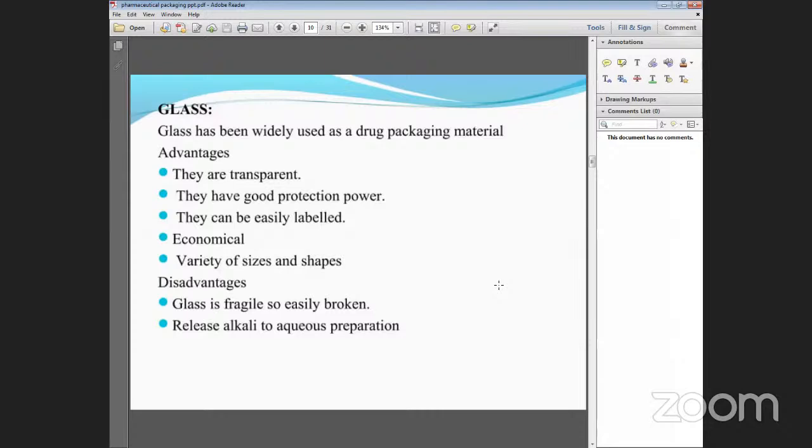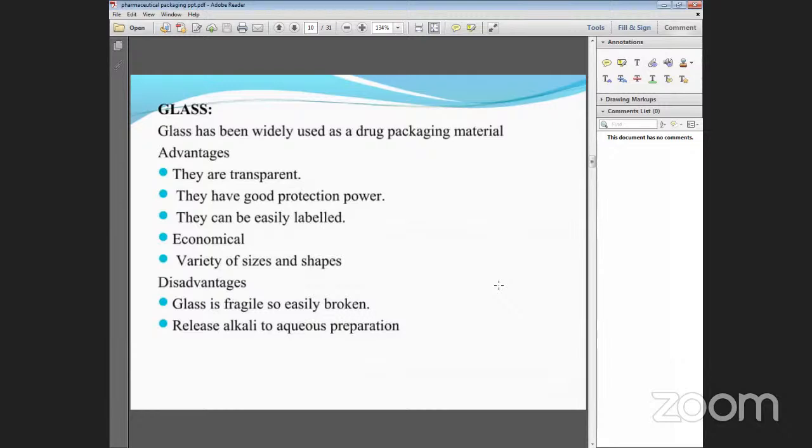First one is glass. Glass has been widely used as a drug packaging material. You have seen that various types of liquid dosage forms are naturally packed in glass containers, because they are very stable and can keep the liquid dosage form in a stable form.